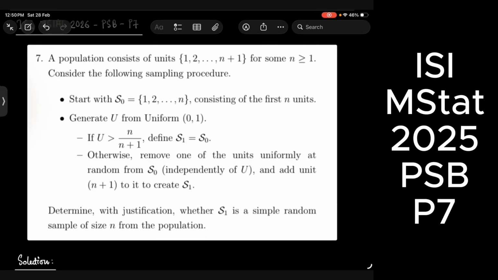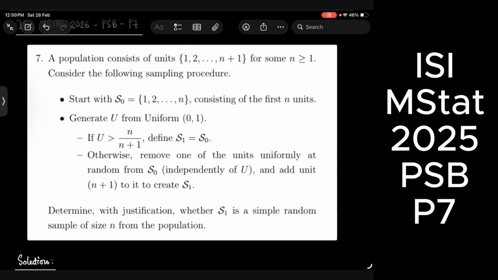Shantanu, a little bit. What have you understood? Tell me. We have the sample, and we have to work with it.